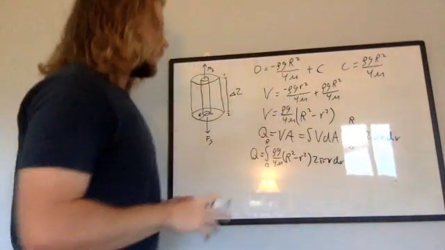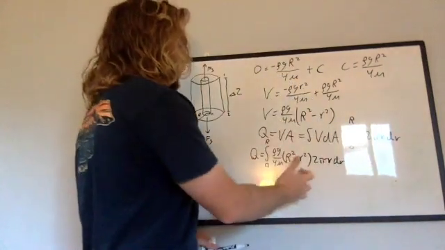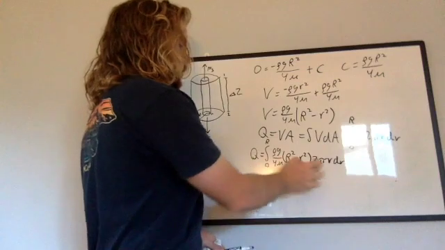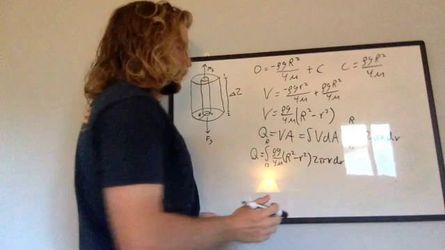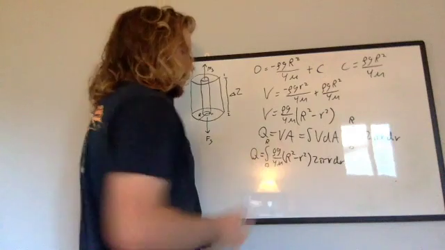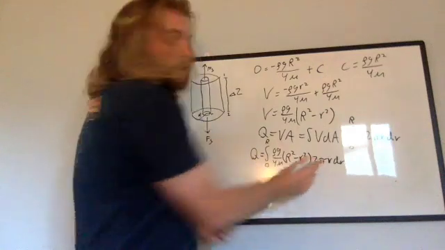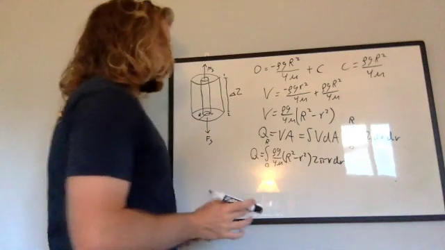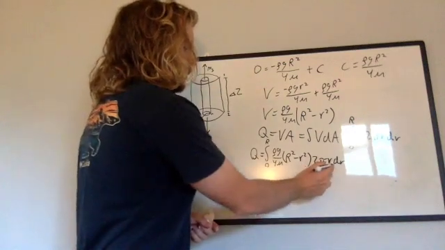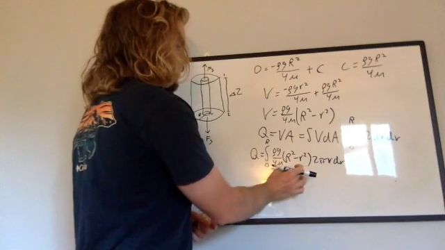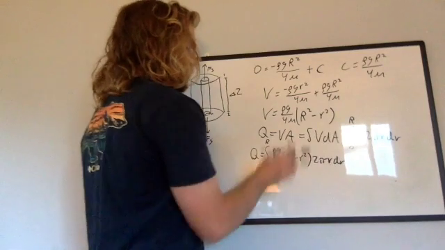All right, and we can go ahead and factor out a lot of these terms outside of our integral right here. So we can take out this rho g over 4 mu, as well as our 2 pi right here. That can come out of our integral. And basically all we would be left with is we would factor this little r into this big R squared minus r squared term right here.